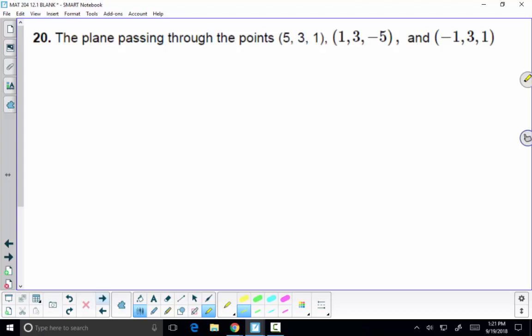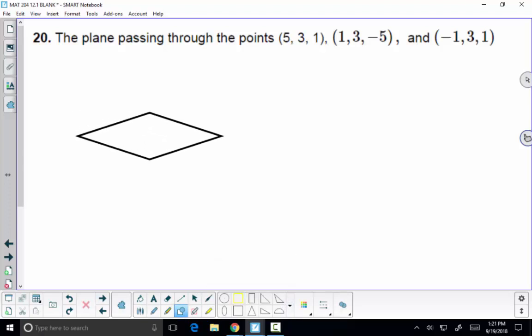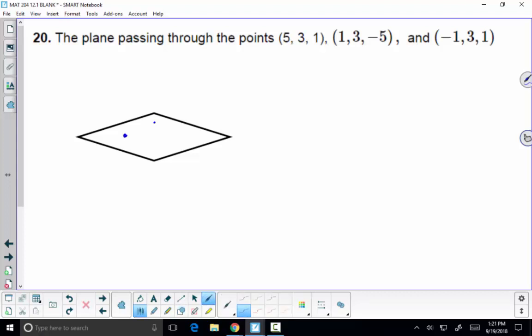So what we should be imagining is a way to figure out what N and V are. So we have these 3 points. Let's draw 3 points in this plane. We'll call them, doesn't matter what we call them, P, Q, and R. So that's what we have.